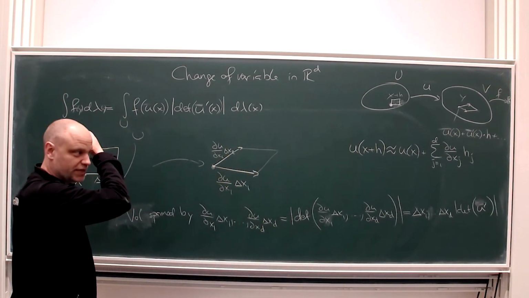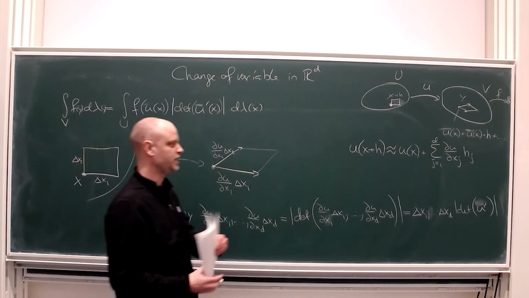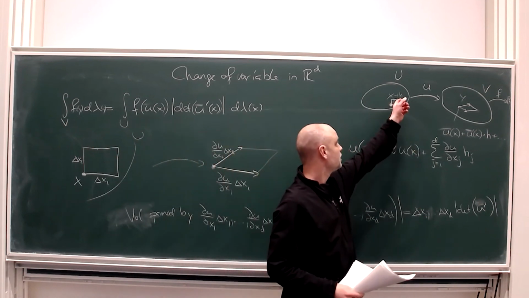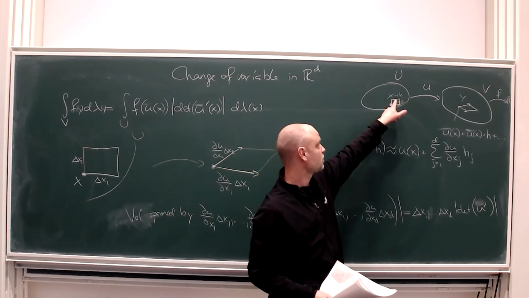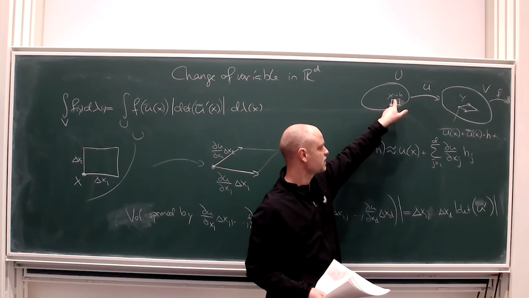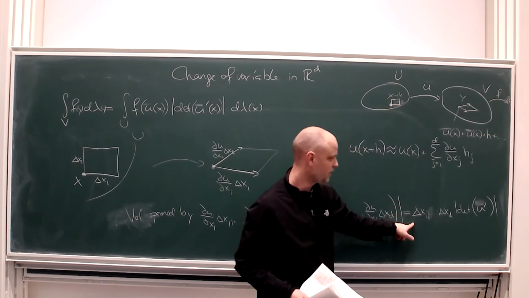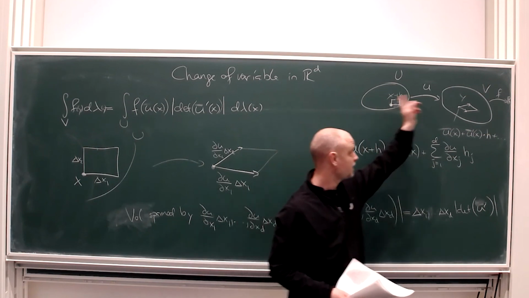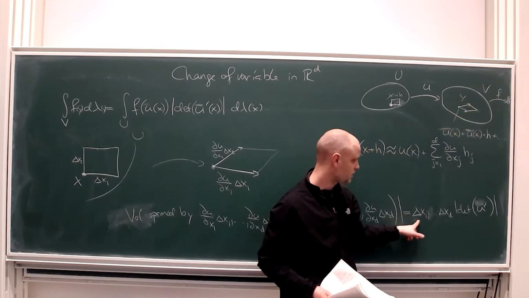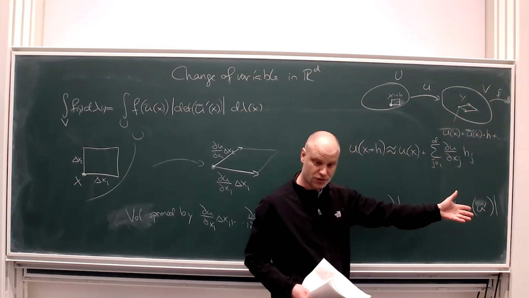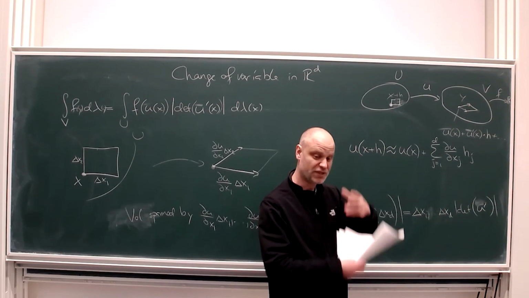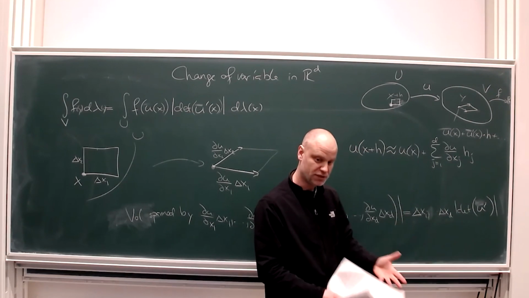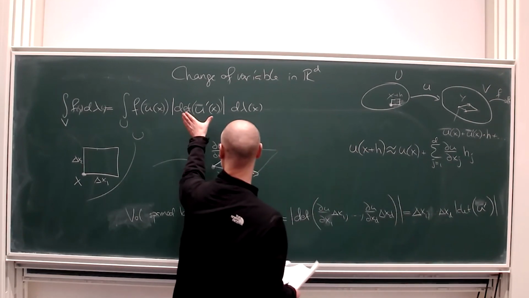So here you kind of see it. If we're doing Riemann notation, the Riemann integral that we're interested in, what's the size of this box? Well, it's this number here. And what's the size of the thing on the other side? Well, it's that number times this determinant. So then we really get a feeling for why it appears in the change of variable formula.